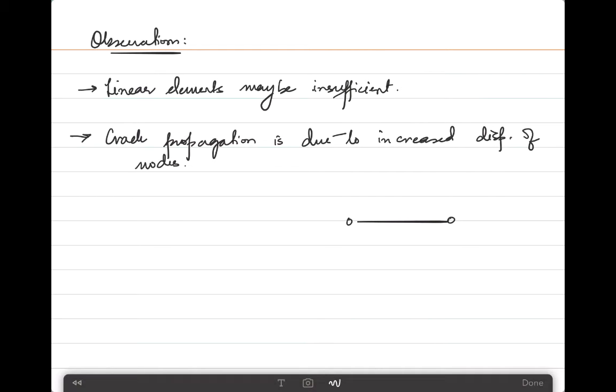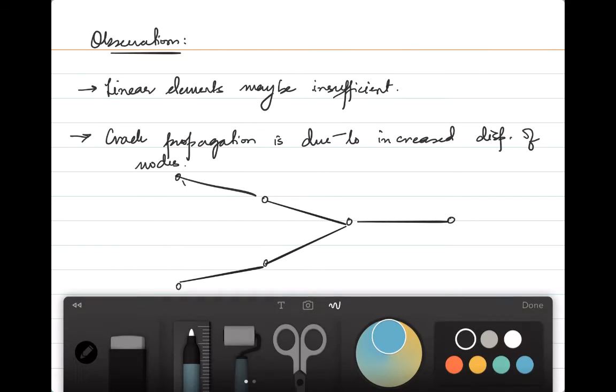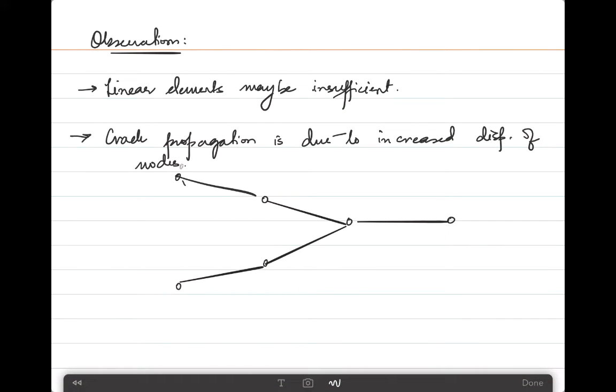Let's say these are the nodal locations, which are shown by circular shapes, and you have a crack which has opened up in this direction over here, and there's further crack opening ahead. Now, nodal displacements are caused to create further crack opening. So this is the next step that is expected to occur for crack propagation.